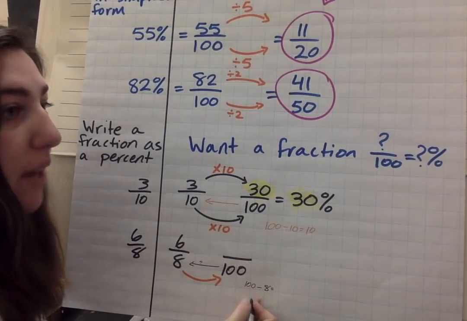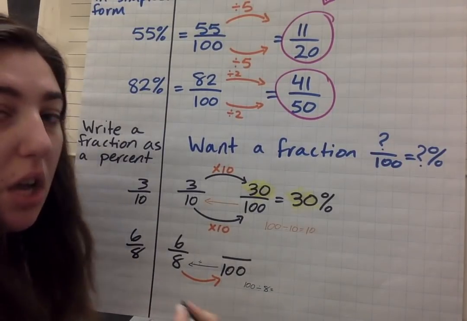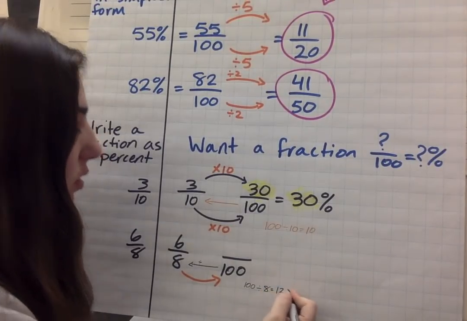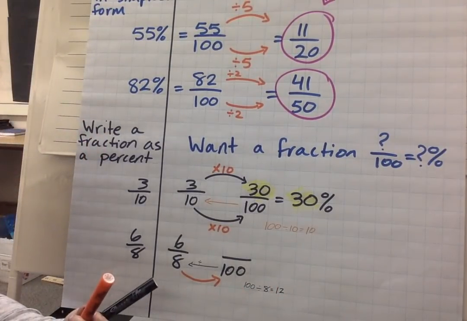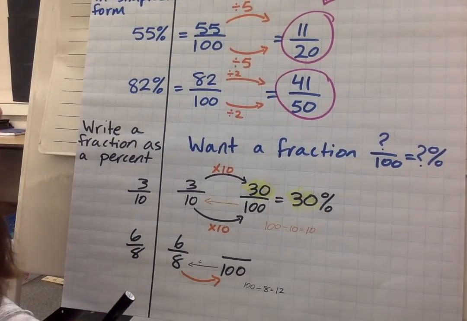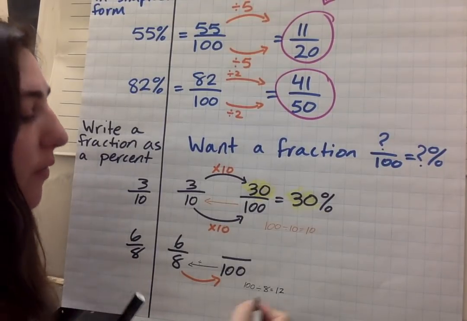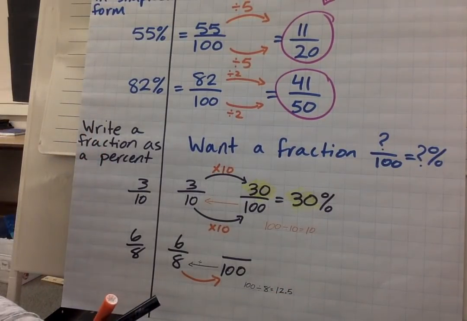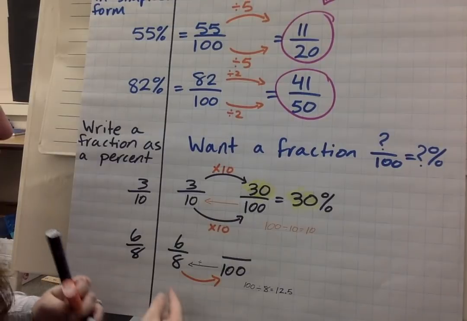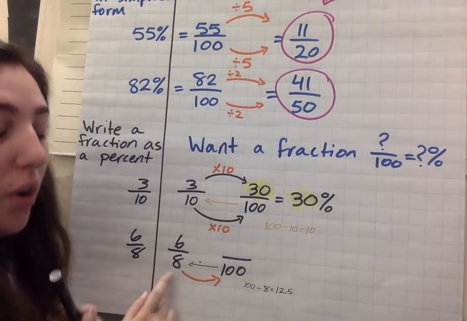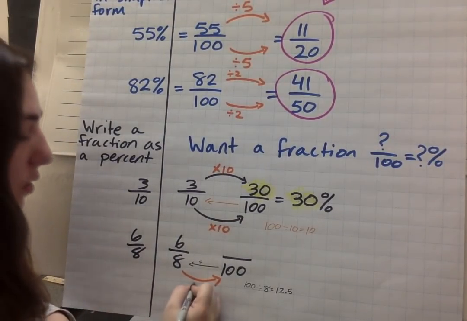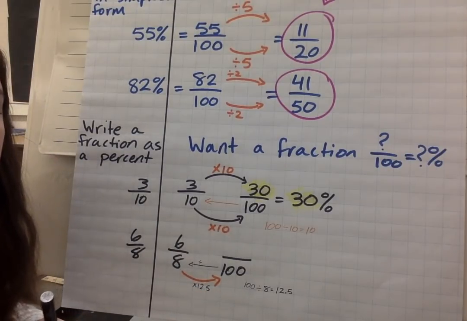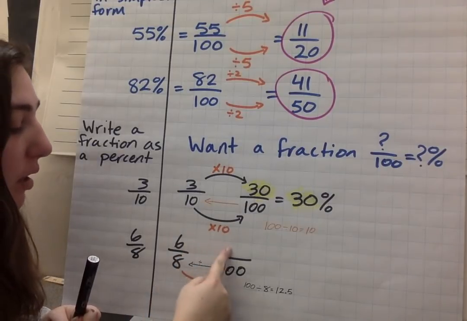Okay, so 100 divided by 8, if you use a calculator, you'll figure out that that is 12. Oh, 12.5, I'm sorry. I was thinking in my head too, that's not right. So 12.5. Okay, so I'm going to multiply 8 by 12.5. And then I'm going to do the same to the top.